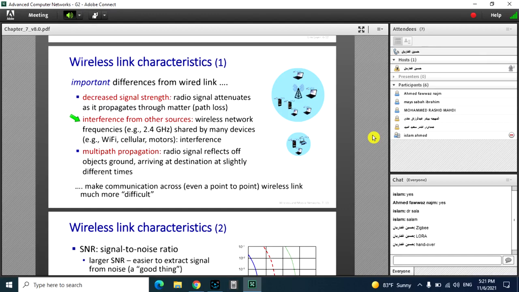It means that I'm sending information in a channel and someone else sends other information in the same channel, and the receiver will receive the summation of these two signals. So interference is something common in wireless networks, and I cannot control it.